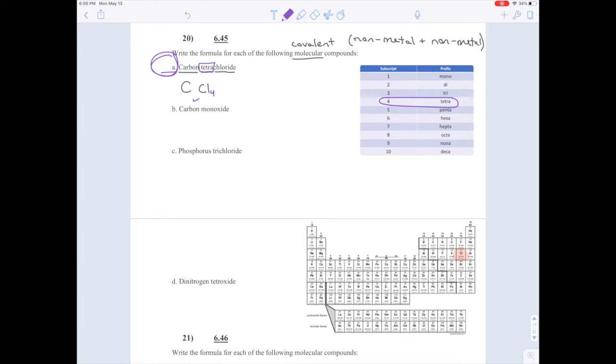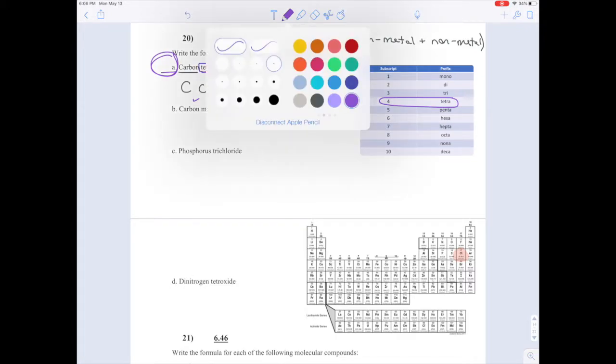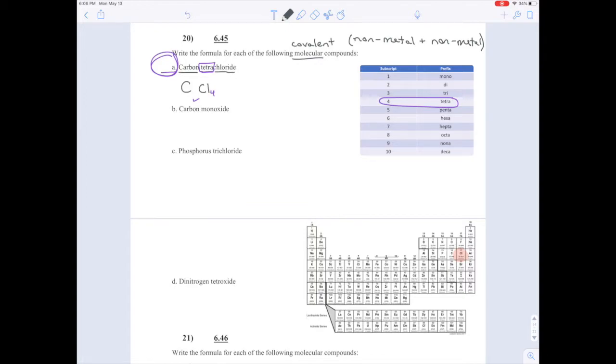So overall, the formula for this covalent or molecular compound would be CCl4. That is carbon tetrachloride.